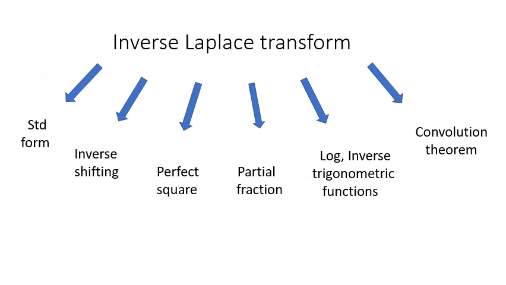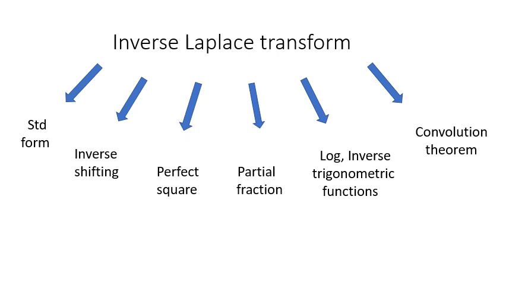Now when you do the inverse Laplace transform, there are actually 6 methods. The first one is to check whether it is in the standard form. Second, inverse shifting. Third, making the denominator a perfect square. Fourth, if you are able to factorize the denominator, we apply partial fractions.